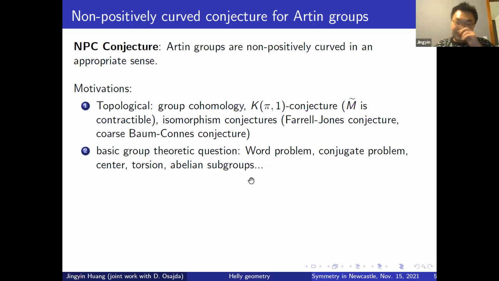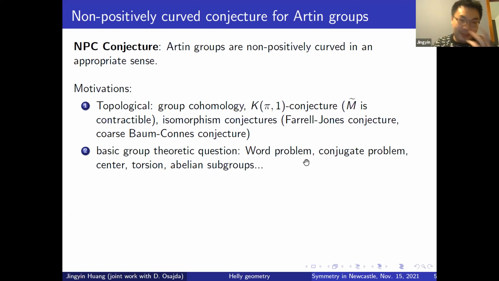And again, there are a few cases where the word problem and the conjugation problem are solvable, and the efficiency of how fast you can solve these problems is basically equivalent to the efficiency of how you solve these problems in CAT(0) groups. In the cases where the answers to these questions are known, they're all based on some kind of non-positive curvature geometry.